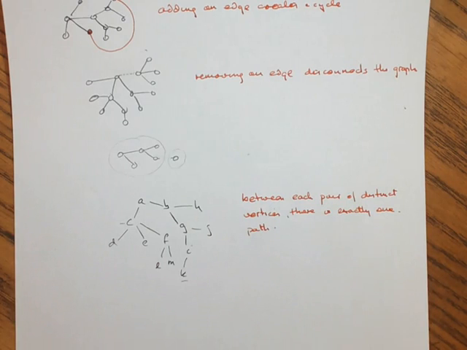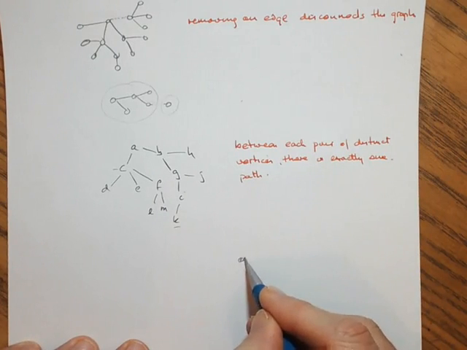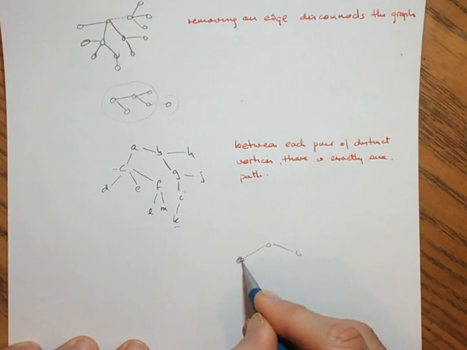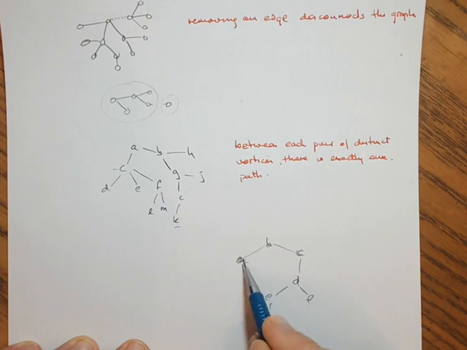If there were two ways of getting, so let's do an example. If you've got two ways of getting from A to D, then you've obviously got to have some sort of cycle.